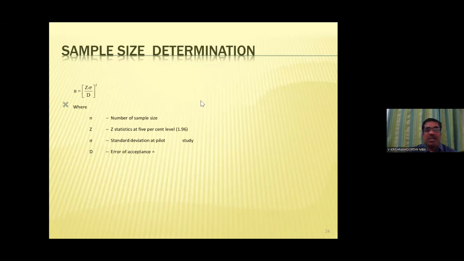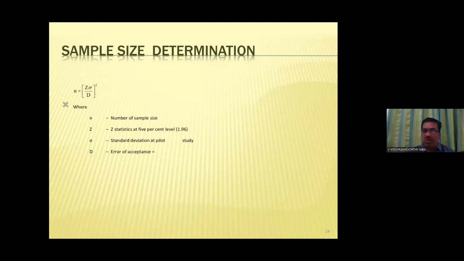Z stat 6 value 1.96, standard deviation at pilot study 0.800, divided by 0.05 whole square. You will get 800 or 900. That means if you have collected 900 samples from the study population, then only it will represent a true and fair view of the entire population.